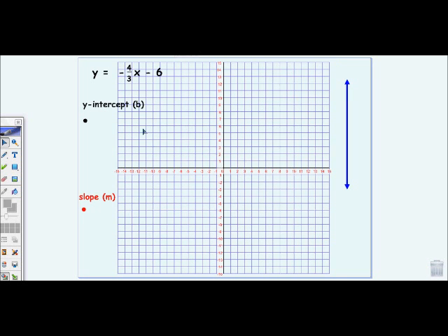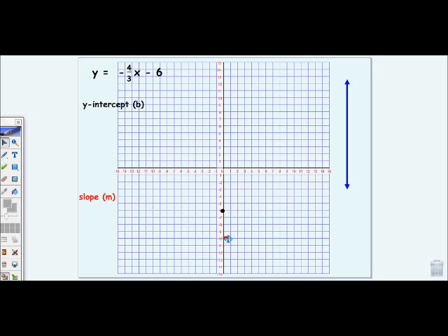Let's see those on the graph. I have the equation written in the slope-intercept form. I'm going to go to my b for beginning. My y-intercept would be at negative 6. My slope is going to be a negative 4 over 3. I could go down 4, 1, 2, 3, 4.